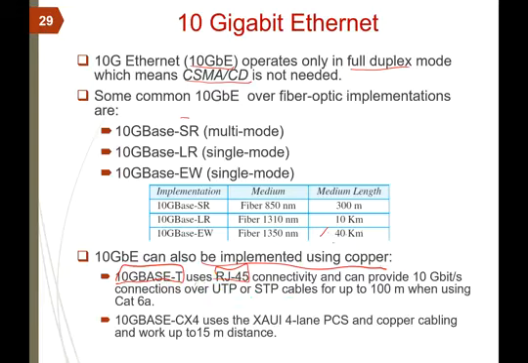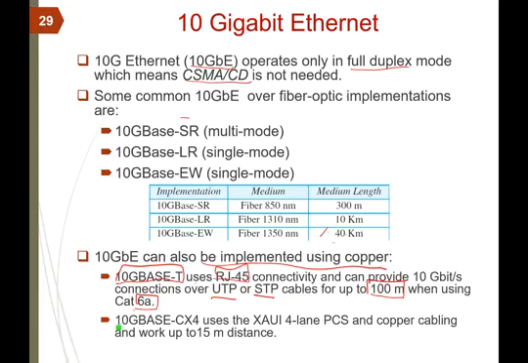To achieve this rate with this standard, the power consumption is a bit high, therefore it's not very common. It can use UTP or STP. Standard UTP, actually we use CAT6A. It can reach up to 100 meters.